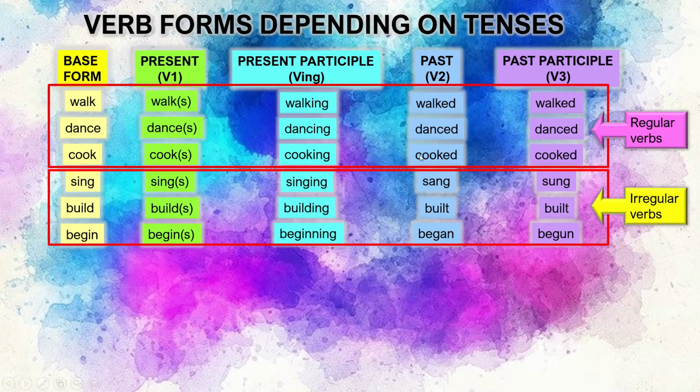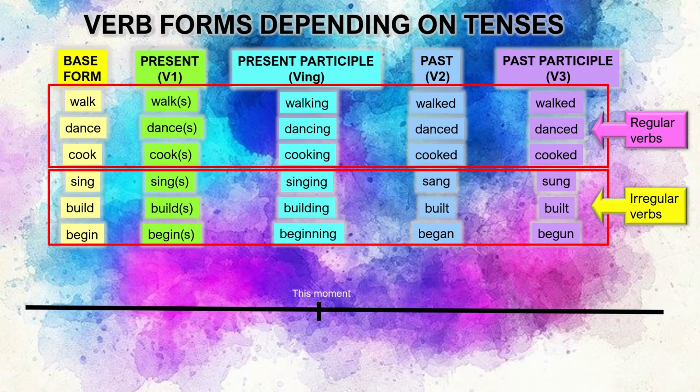So, when to use which? Like I said before, tense is a time marker. Therefore, if you want to know which one to use in a particular context, you need to find out when the action happens. Imagine that this is a timeline, and this point is this moment, exactly this moment.